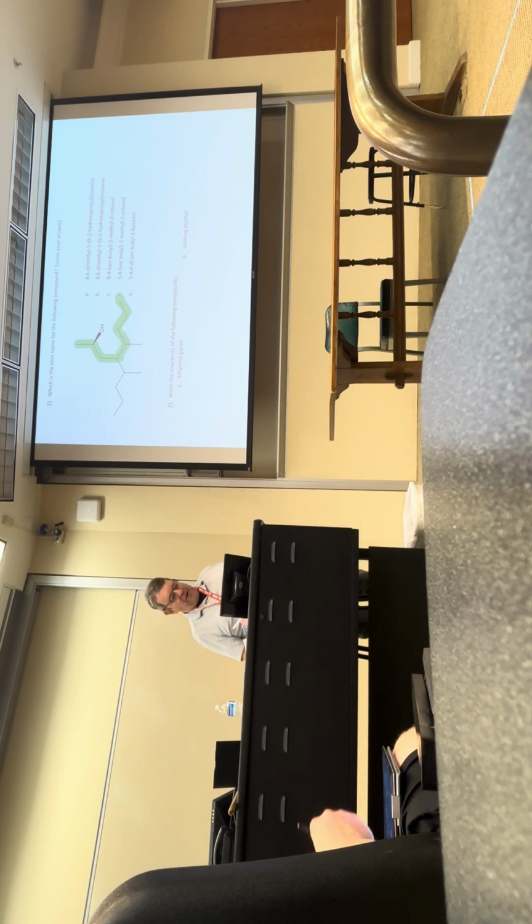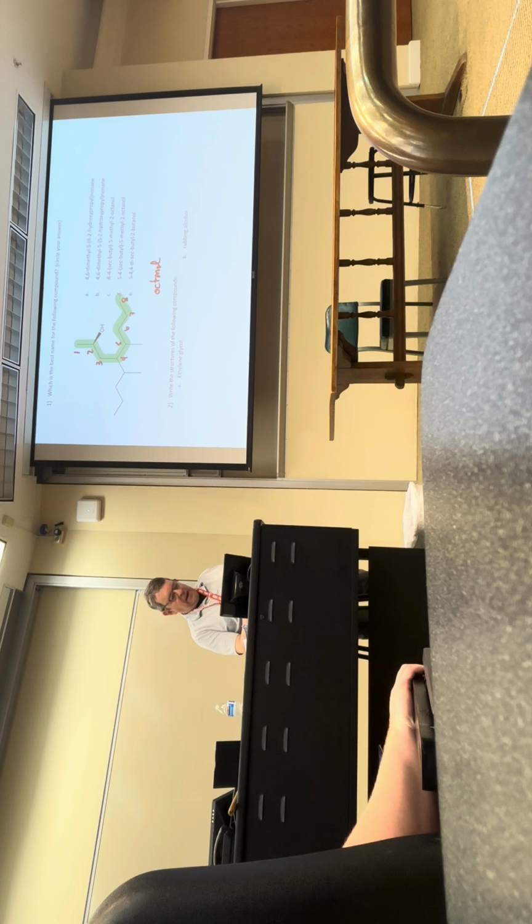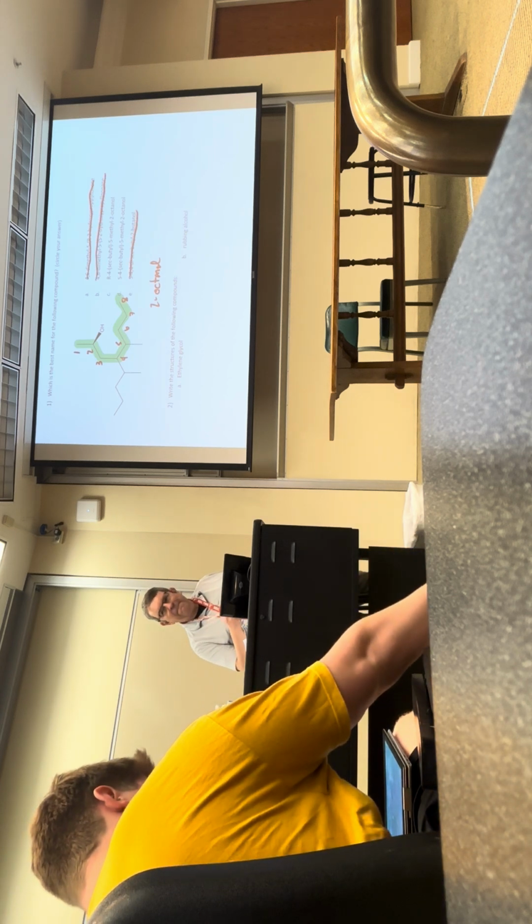But that is your parent, and you number from the end closest to your alcohol. So this is an octanol, and specifically it's a 2-octanol is the parent. So that means that you can eliminate A, B, and E.